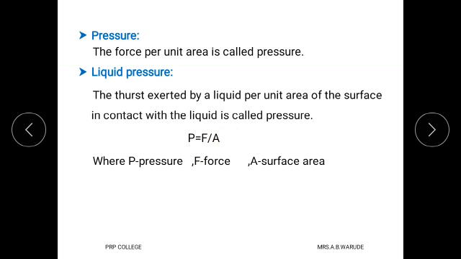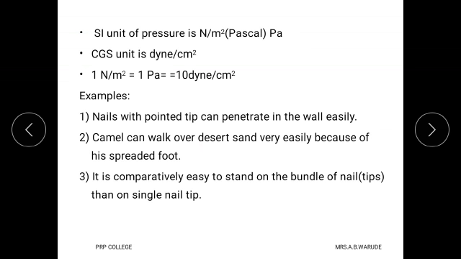The unit of force is Newton and for area the unit is meter square, and therefore the SI unit of pressure is Newton per meter square, which is also known as Pascal and is denoted by capital P small a.